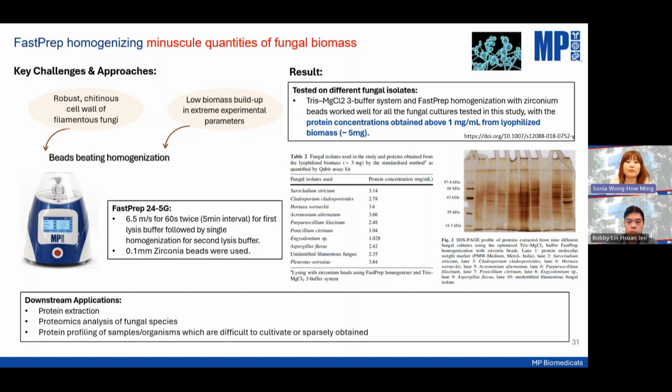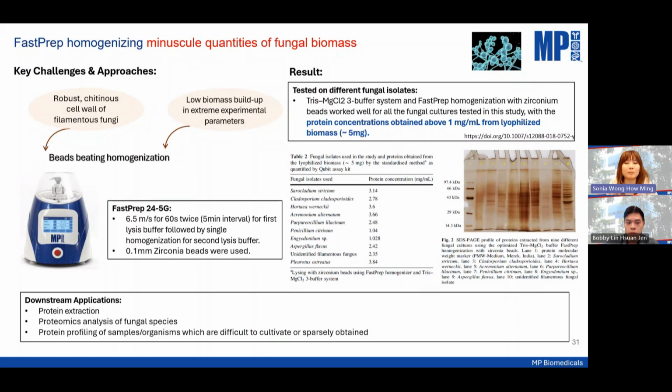So it goes to show that FastPrep, with its three-dimensional movement, builds up vertical force as well as angular force within the tube itself, which creates good compaction.